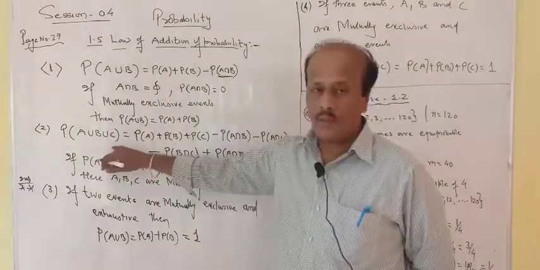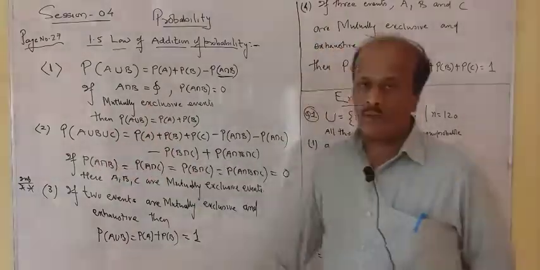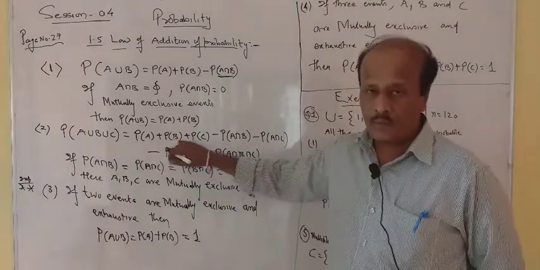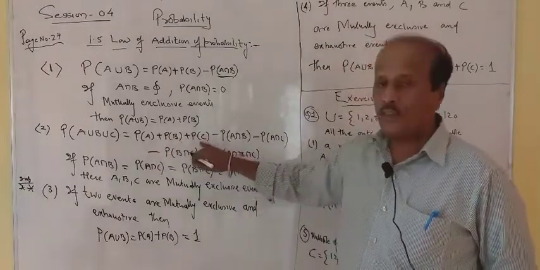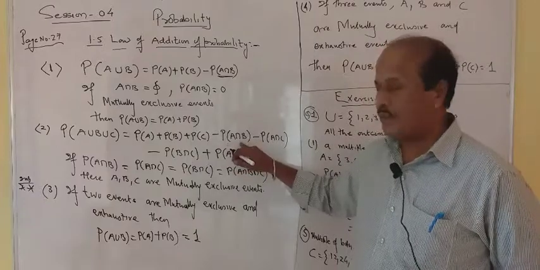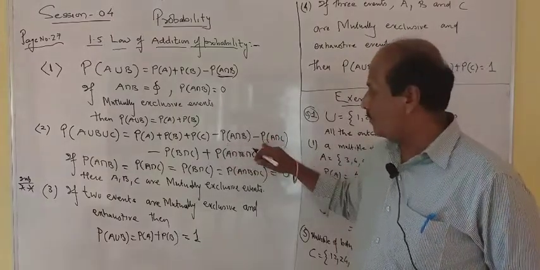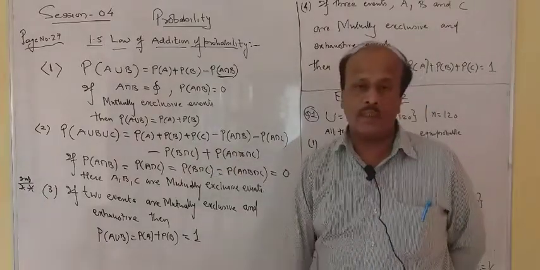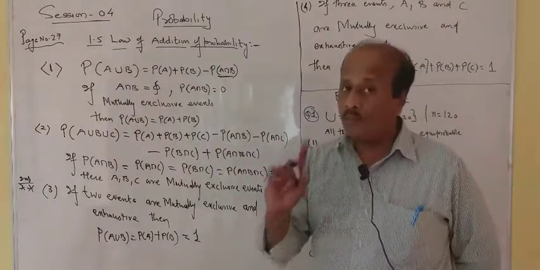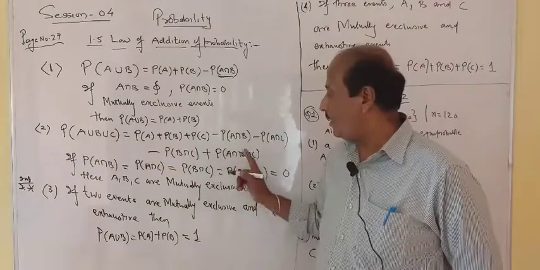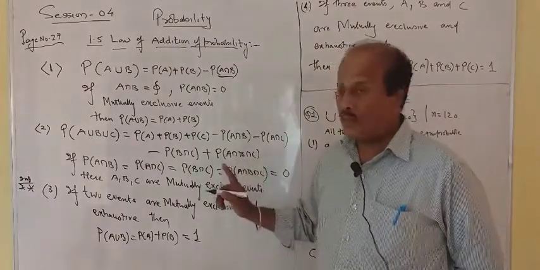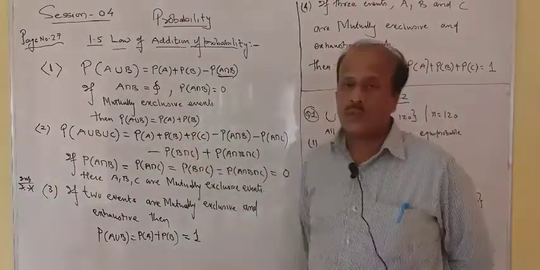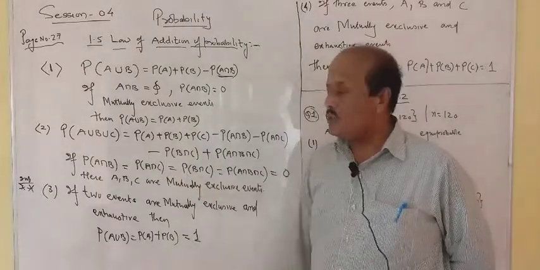Probability of A union B union C is equal to probability of A plus probability of B plus probability of C minus probability of A intersection B minus probability of A intersection C minus probability of B intersection C, and remember, plus probability of A intersection B intersection C. This is law number 2.